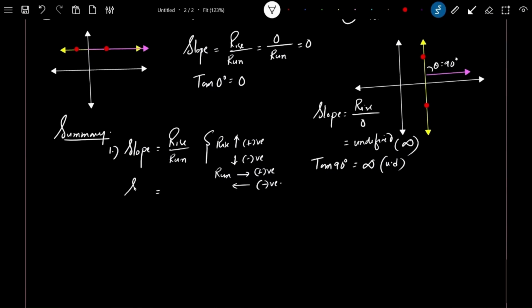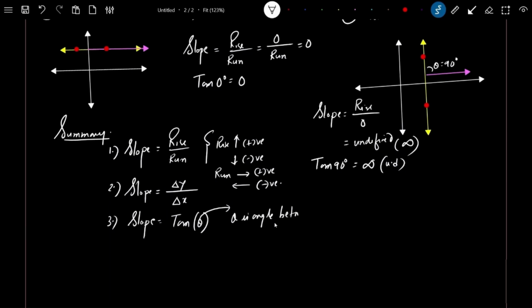Slope is also equal to the difference of the y coordinates over the difference of the x coordinates, and slope is also equal to tan of theta. Again, be very, very careful. Theta is the angle between the line and the positive direction of x-axis.